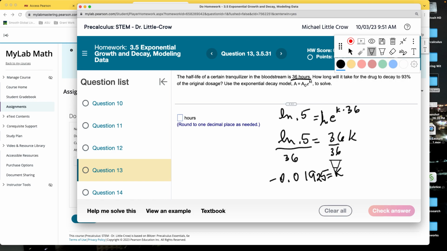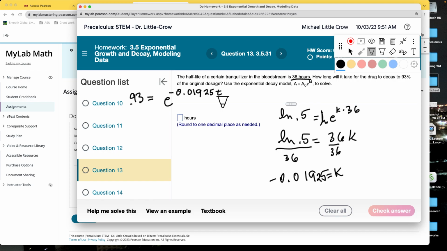They want to know how much time has gone by. So this only helps us with the equation. What we do know is that now we have 93%, so I'm going to do 0.93, and we started with 100%, so the 1 is here, though I'm leaving it off. 0.93 equals e to the negative 0.01925 t.